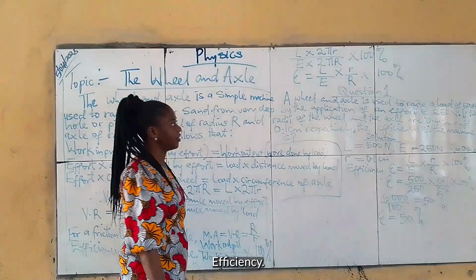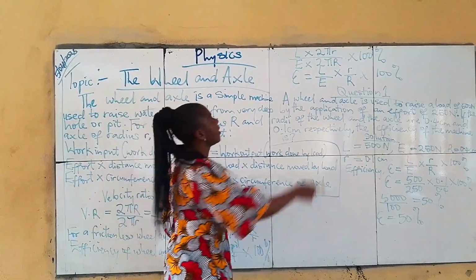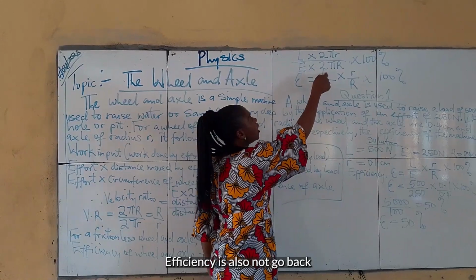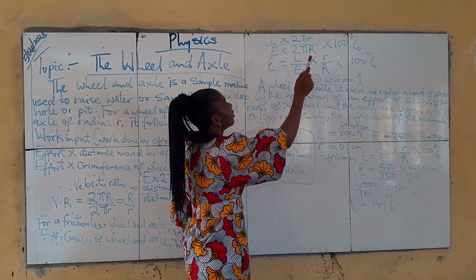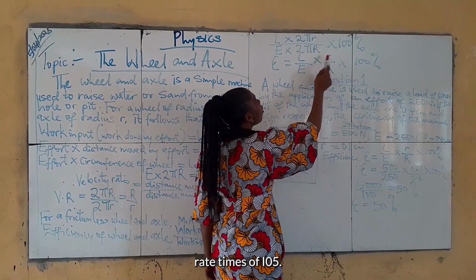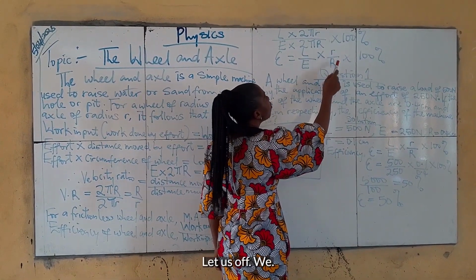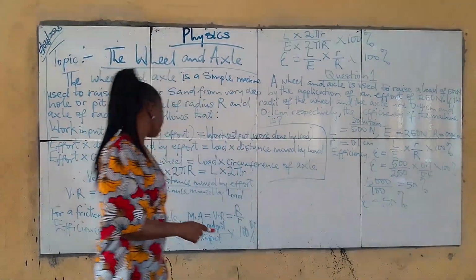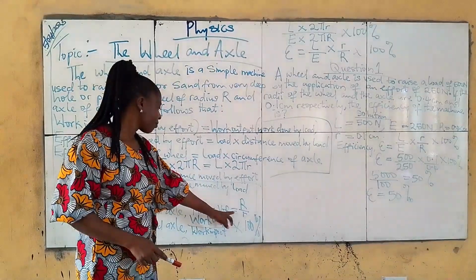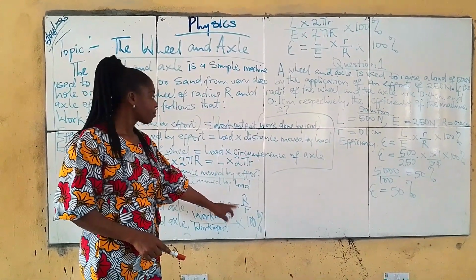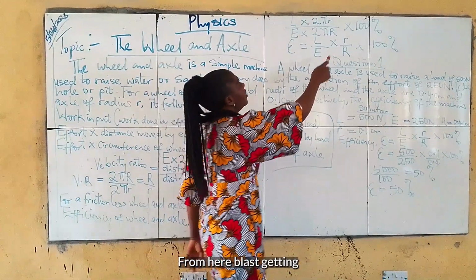That's efficiency. Efficiency is also load over effort, from here, load over effort times radius of axle over radius of wheel. From here, we are also getting this.